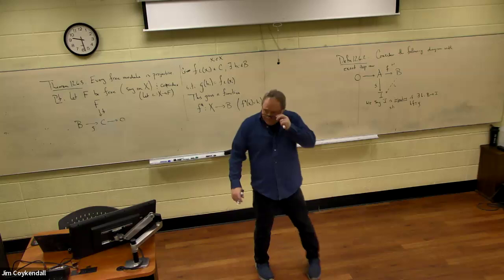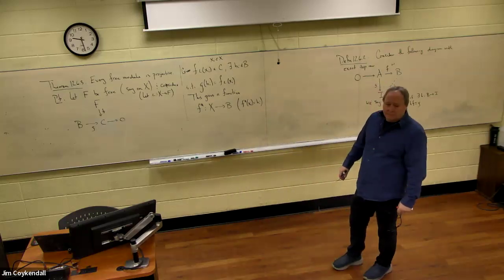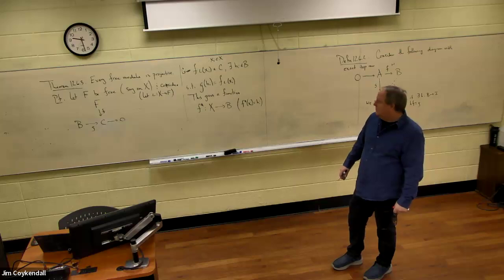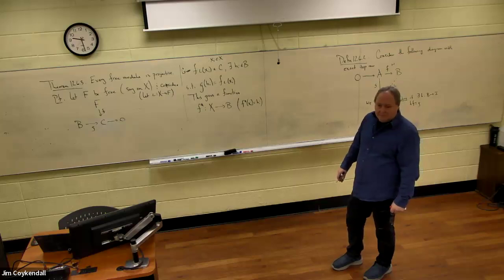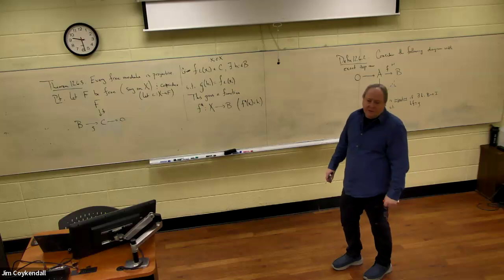Everybody okay so far? Just to go way further back, when we say that F is free on X, what do we mean by that necessarily? It just means you can interpret X as the basis.